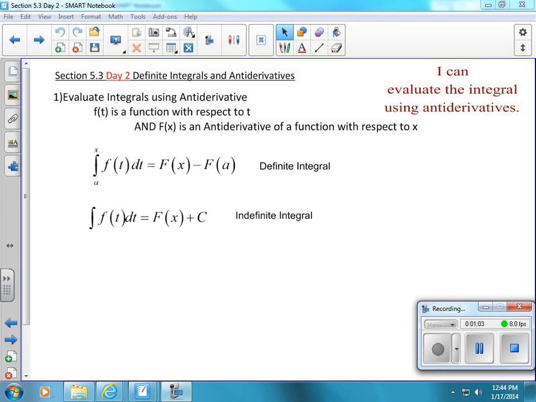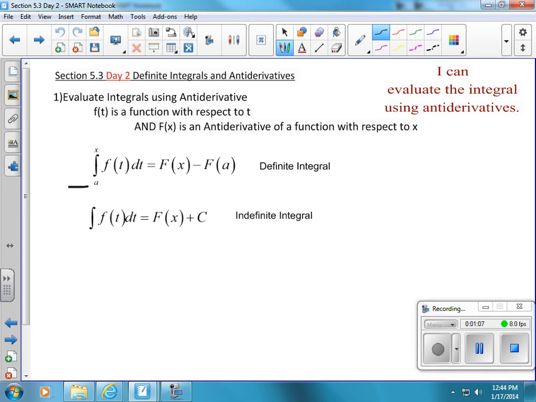Okay, so when we take the antiderivative, you have a lower limit and an upper limit of integration. The integration is the same as the antiderivative.